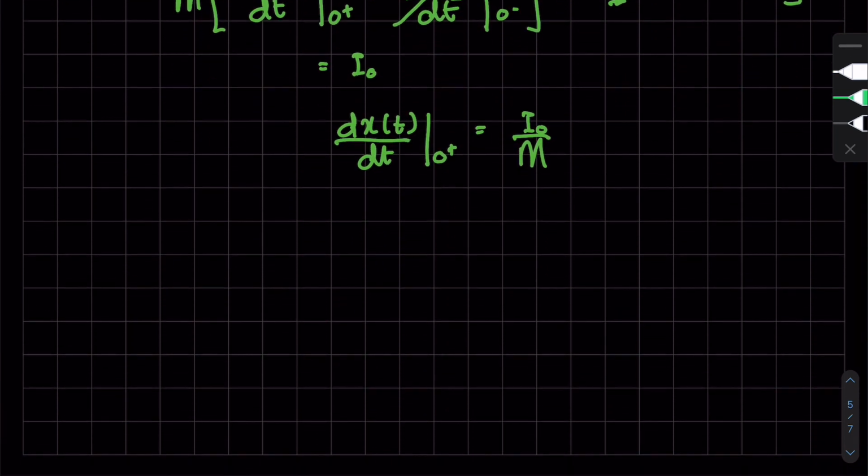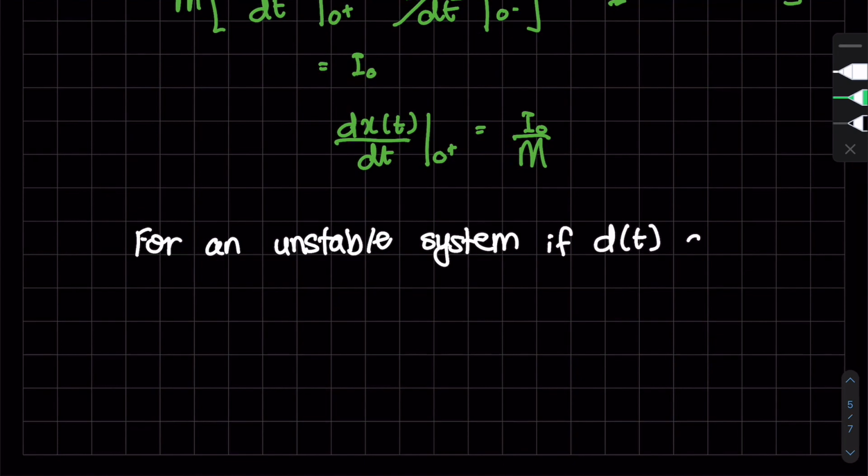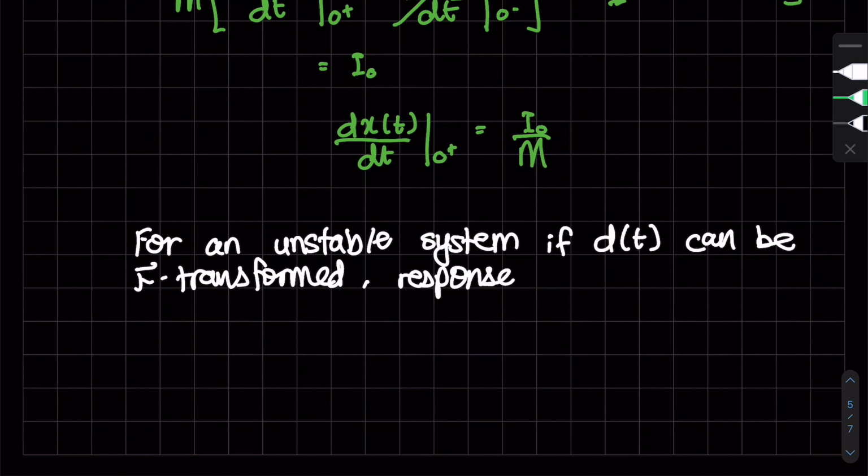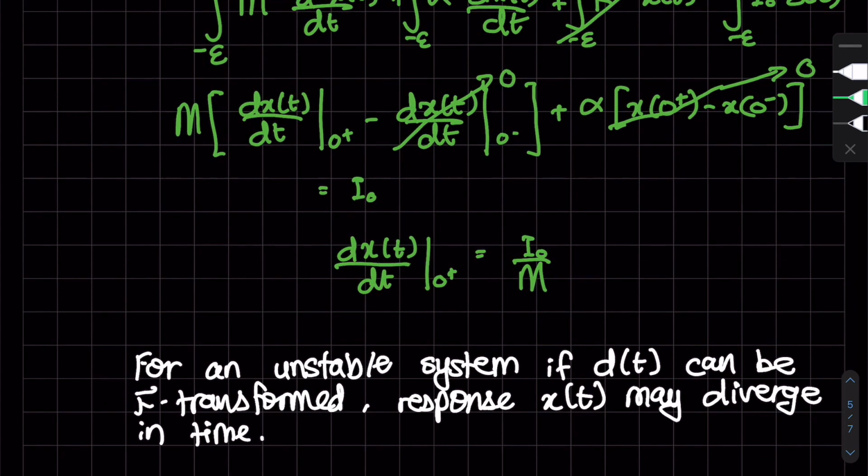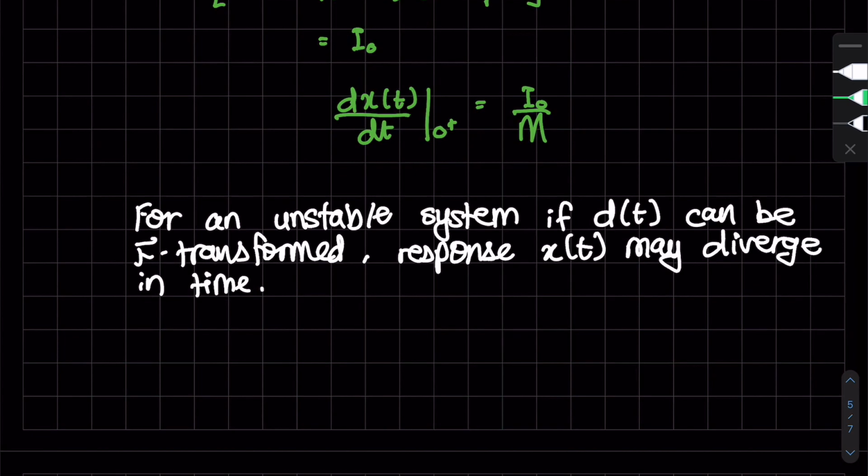Well, that's because for an unstable system, even if d of t can be Fourier transformed, the response, or x of t, may diverge in time, which is not really physically possible here because it should be decaying because of friction in the system.